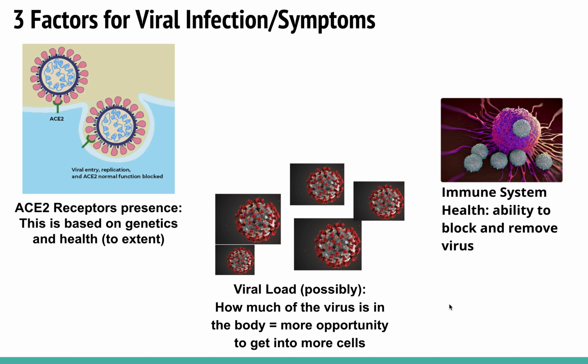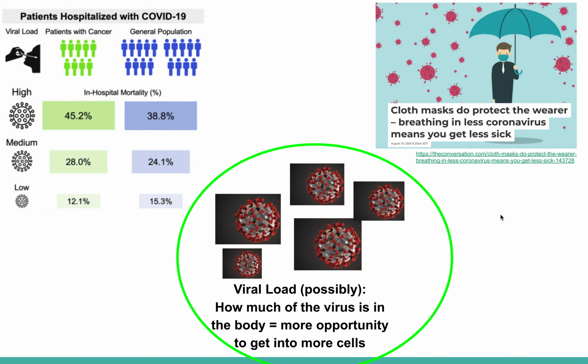Meaning the more virus you take in, the more likely that virus will get into your bloodstream, get into your cells, then be able to reproduce and go on to infect more cells. So it looks like by wearing masks, you reduce the amount of virus you may take in, and also reduce the scenarios and the amount of virus you may be exposed to.